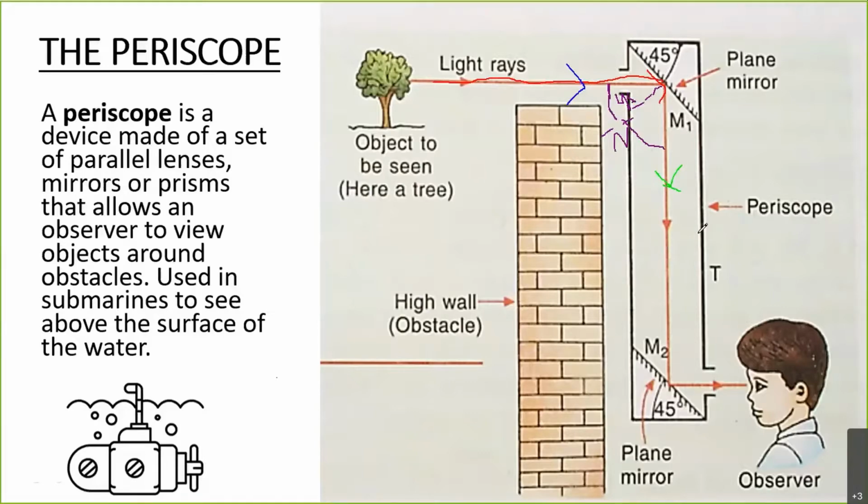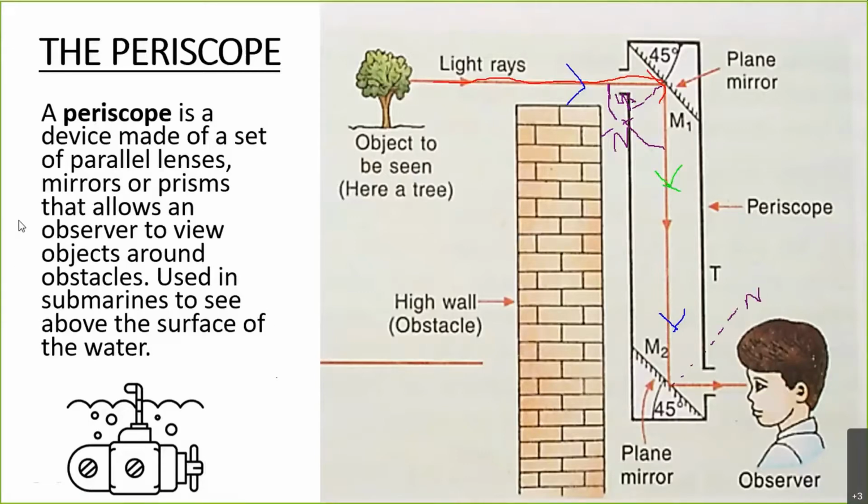Continuing to travel down now, this reflected ray becomes our new incident ray as it approaches the second mirror. Now it's completely vertical and it's going to strike the second mirror again at 45 degrees. So the same process is going to repeat itself, but in reverse. It's going to go from completely vertical to completely horizontal. This line here in purple is my normal.